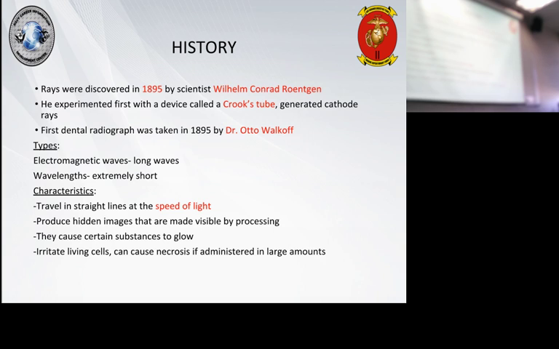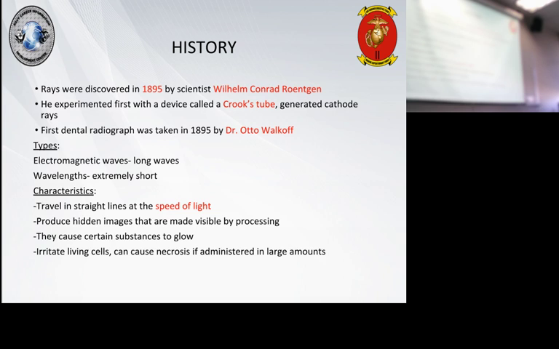These rays were discovered in 1895 by Wilhelm Conrad Roentgen, and he experimented with this first with a device called the Crookes tube. The first dental radiograph was taken in 1895 by Otto Walkhoff.